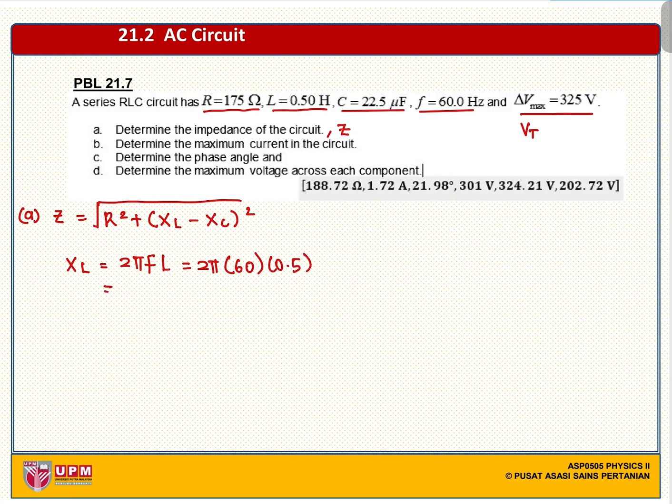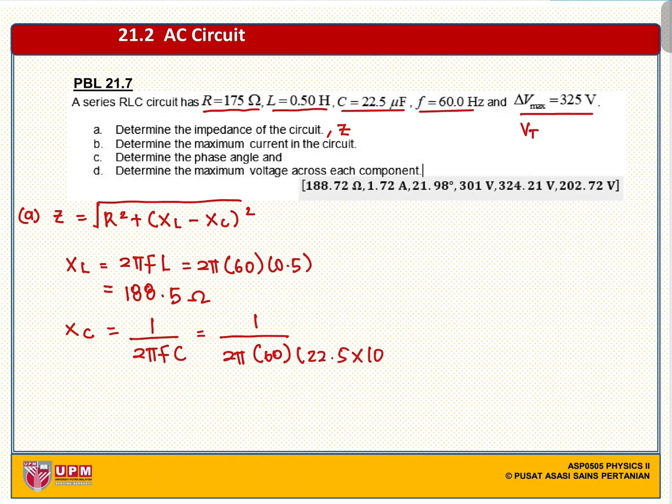You will get XL equal to 188.5 ohms. And for XC, you will get 1 over 2 pi F times C. First find 1 over 2 pi, your frequency is 60, your capacitor is 22.5 times 10 to the power of negative 6. Please write that negative 6.